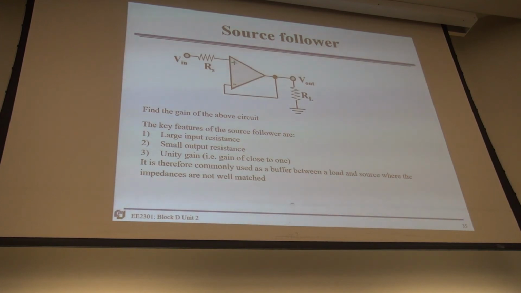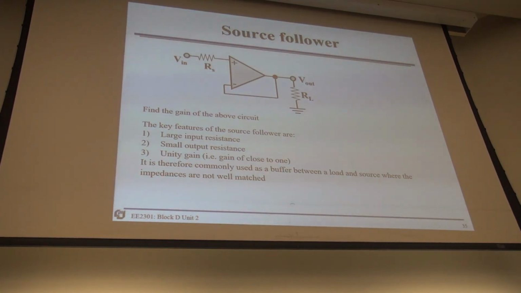Those finite input impedance and output impedance will affect our accuracy. Then with this buffer, those unmatched ones will not matter anymore. You feel safe with just 0.5 times 0.5.